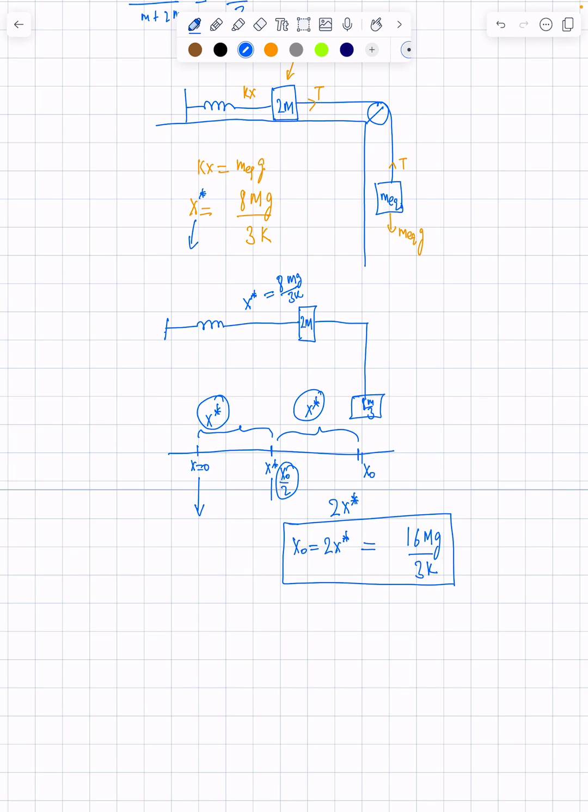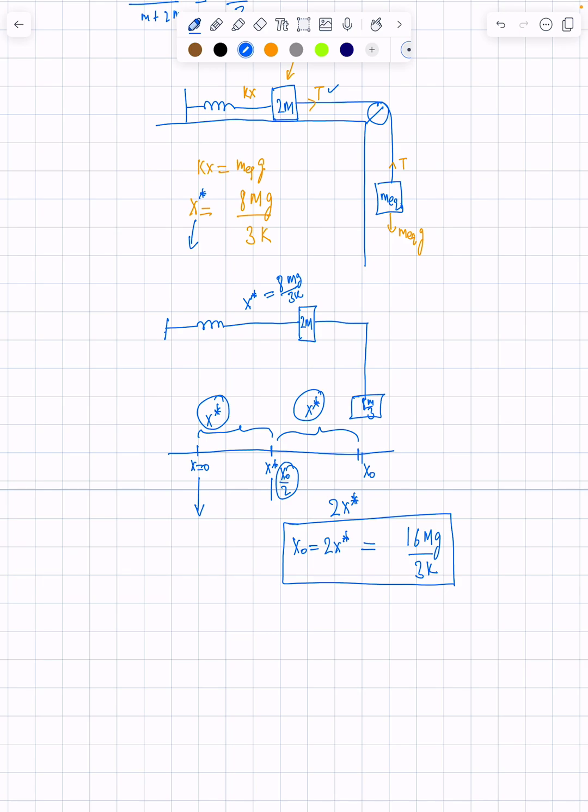So we can use conservation of energy, and here there is no friction. The net work done by tension forces is 0, because this tension is doing positive work here, but here it is doing negative work.